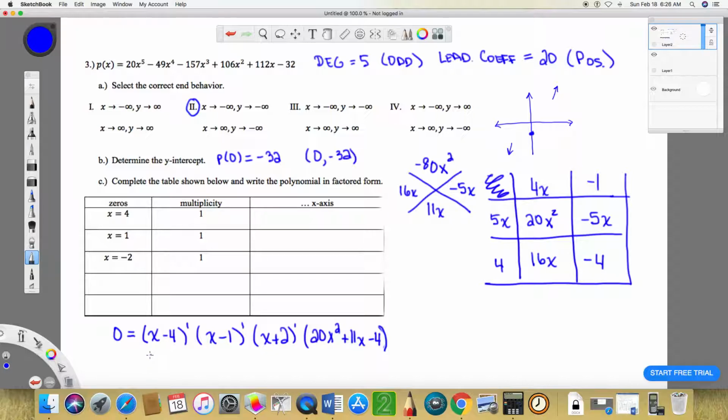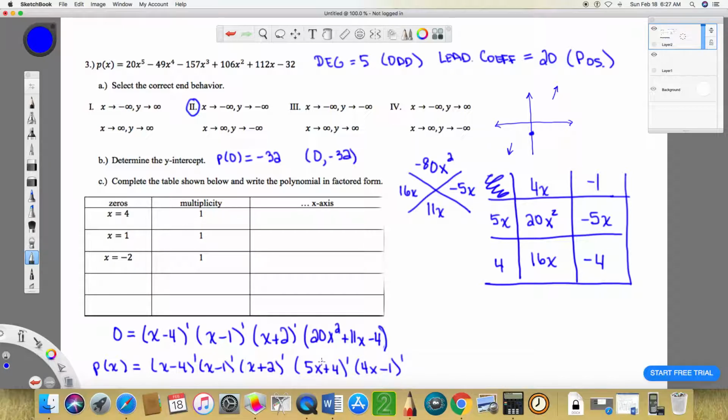So that means that we can come in, and we know that this polynomial, now that we have it, we can factor it completely. We've got x minus 4, x minus 1, x plus 2, and all of those have a multiplicity of 1, and these also have a multiplicity of 1, the 5x plus 4 and 4x minus 1.